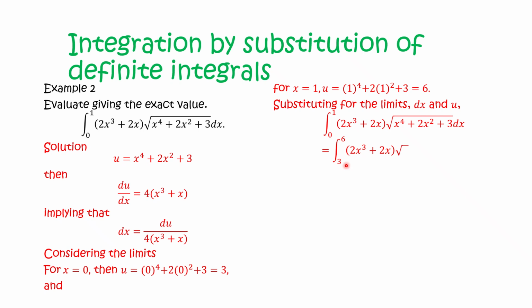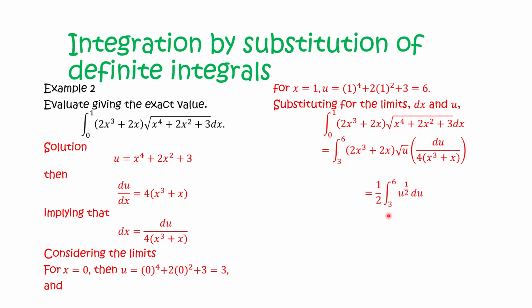Now, substituting for the limits, the dx and u in our original question, we are going to have the integral from 3 to 6, which are our new limits, of 2x cubed plus 2x times the square root of u times du over 4 times x cubed plus x, which was the derivative that we obtained there.